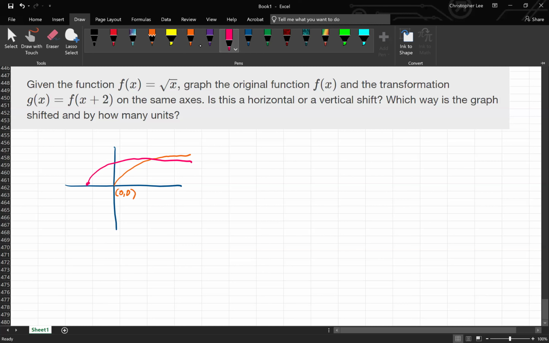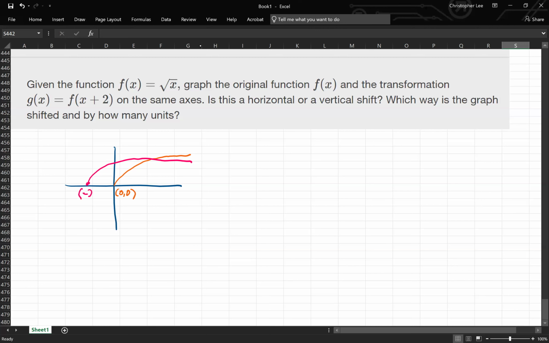This point right here would be -2 comma 0. Because the idea is that I need to plug in a number that's going to give me back that same y value. So -2 gives me back that 0.